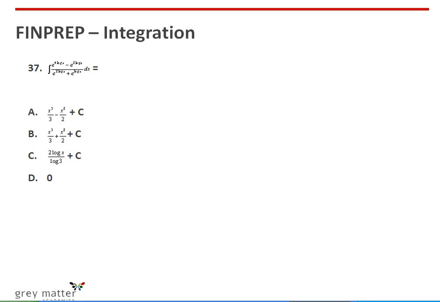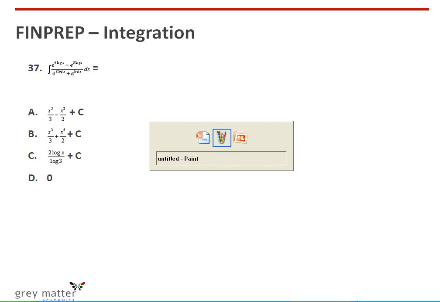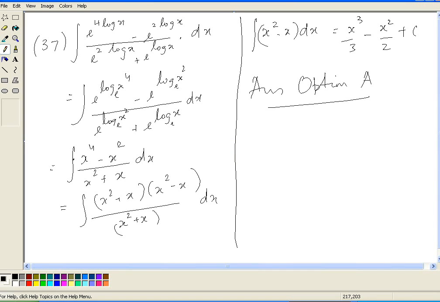37th problem: integral of (e power 4 log x minus e power 2 log x) divided by (e power 2 log x plus e power log x) dx. Going back to our work area, e power 4 log x is written as e power log x power 4 to the base e.